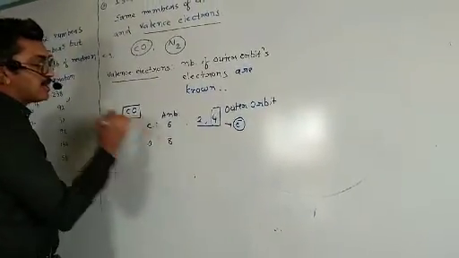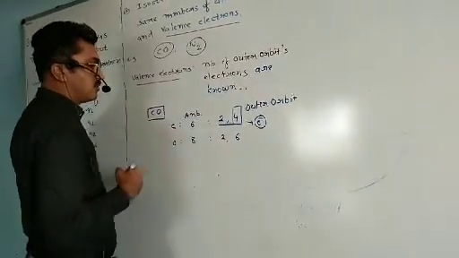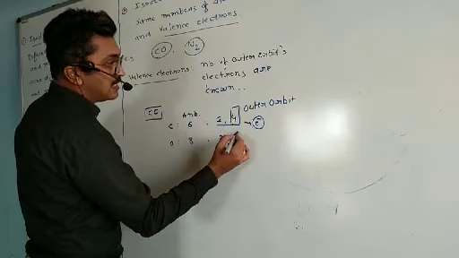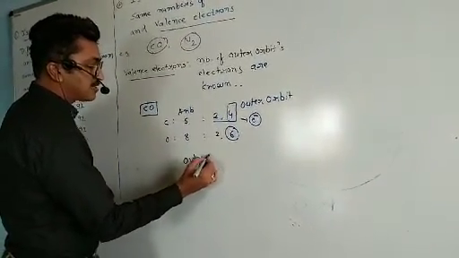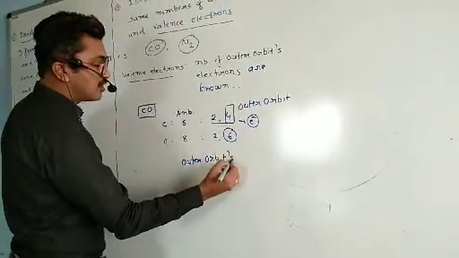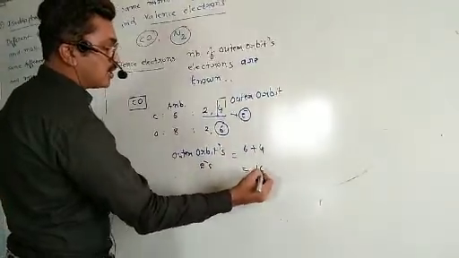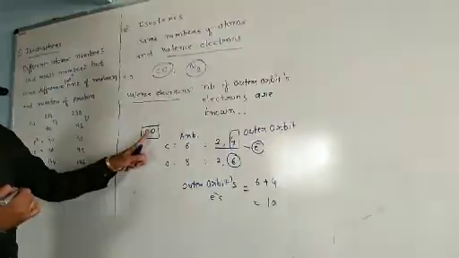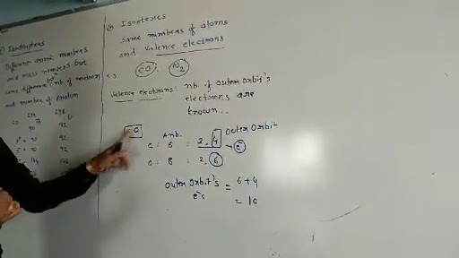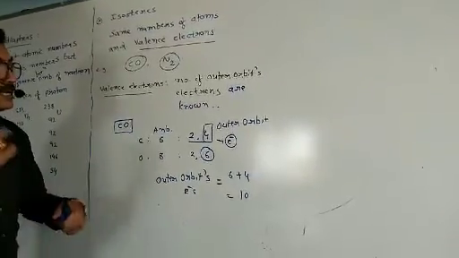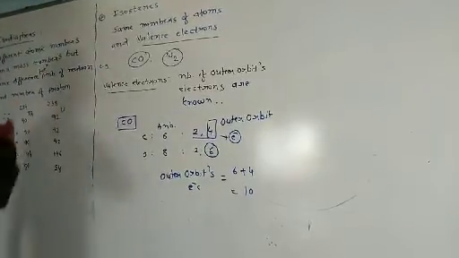Now in oxygen, the atomic number is 8 and the electronic configuration is 2,6, so there are 6 electrons in the outermost orbit. Outer orbit electrons in CO: 6 plus 4 is equal to 10. So CO has 10 valence electrons.